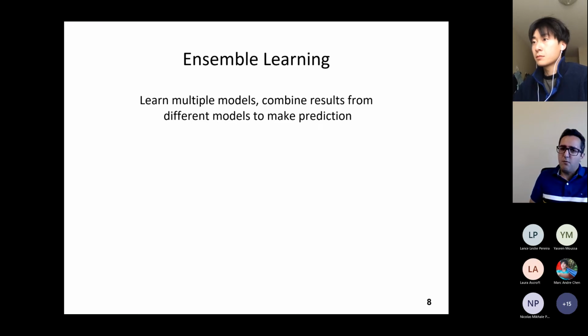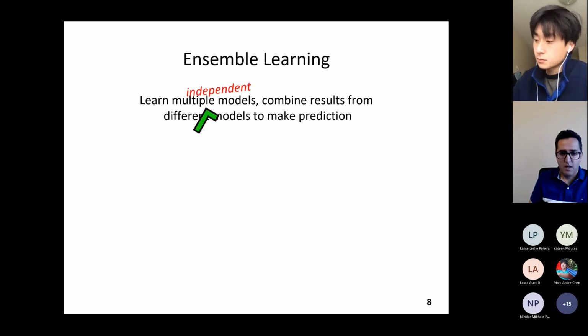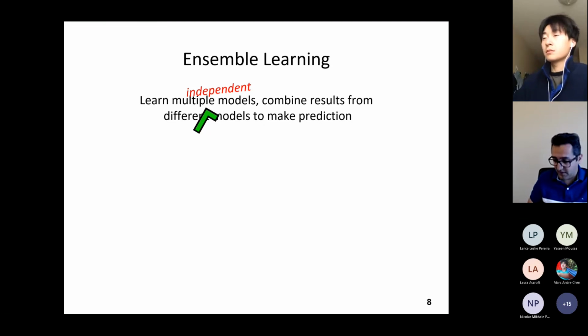For example, if I train 4 models for spam detection, 3 of them say it's spam, 1 of them says it's not spam. So we also need a technique to combine the outputs. Another detail we should remember is that these models should be independent. Otherwise, it's not very useful.